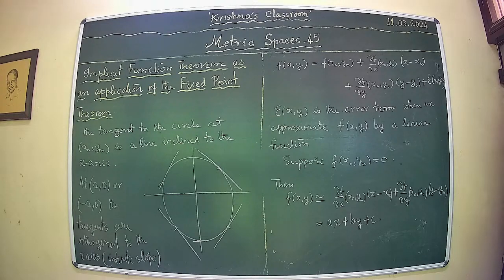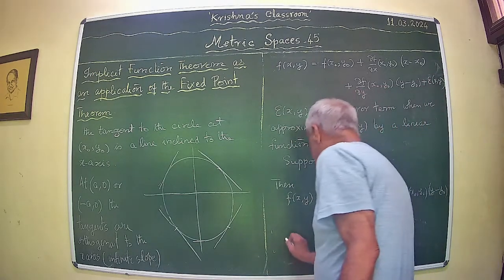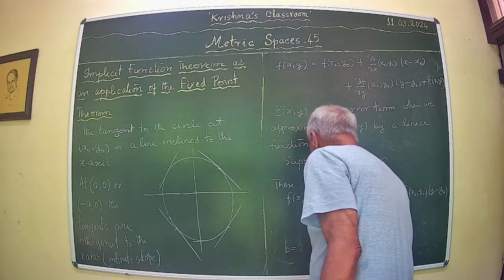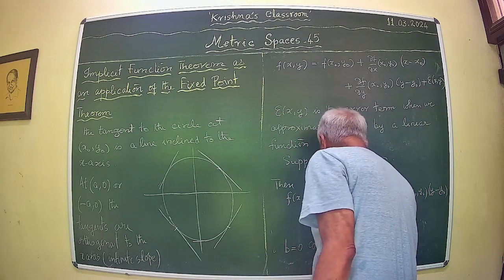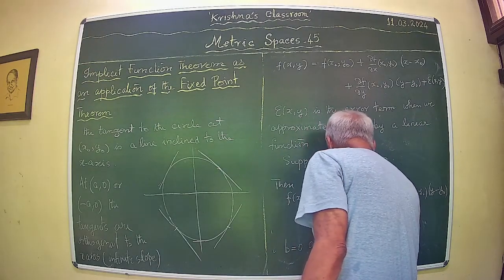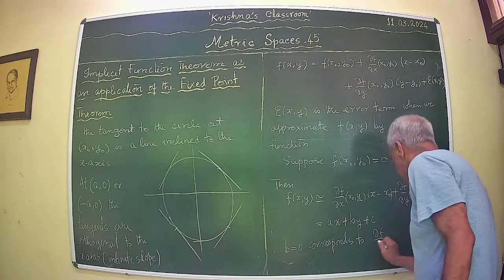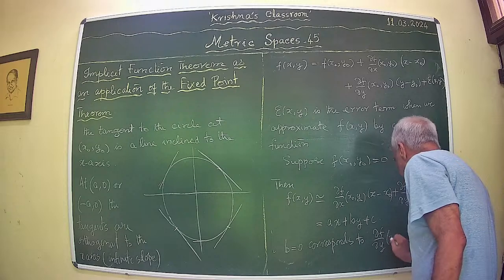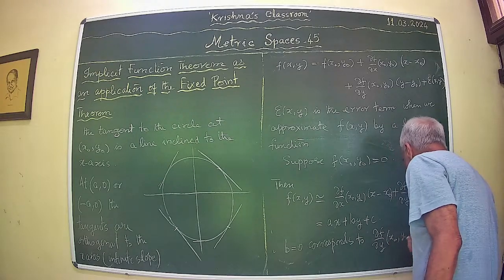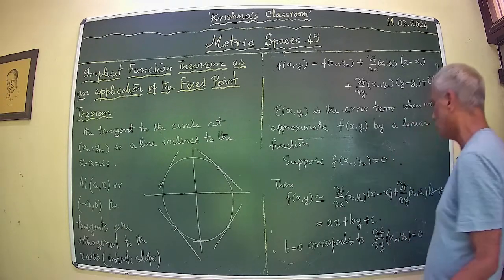Now you see that b equal to 0 corresponds to df by dy equal to zero.